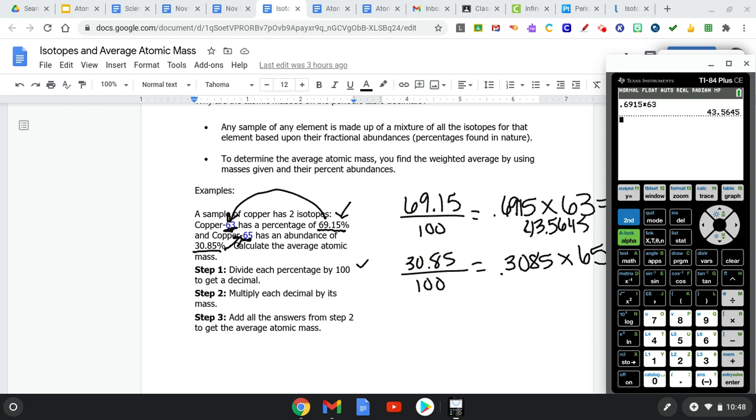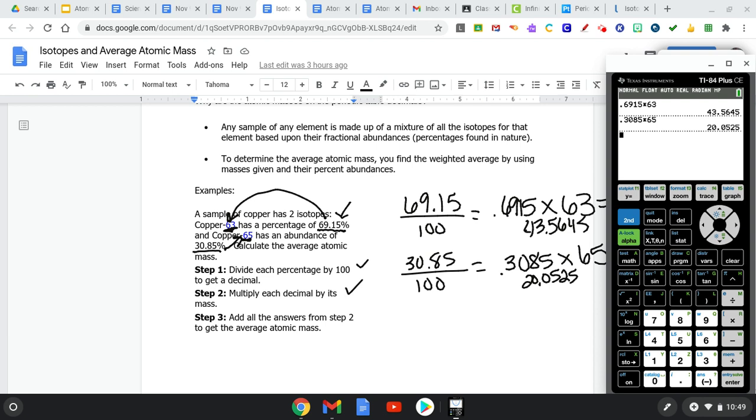And then I'm going to do the second one, 0.3085 times 65, and my second answer is 20.0525. So that's step 2, is to multiply your mass of each isotope by that decimal number.